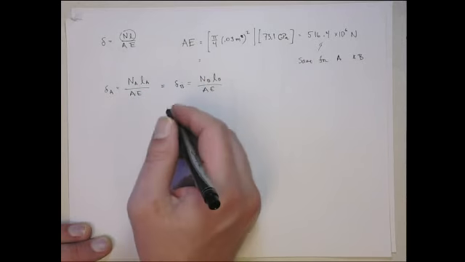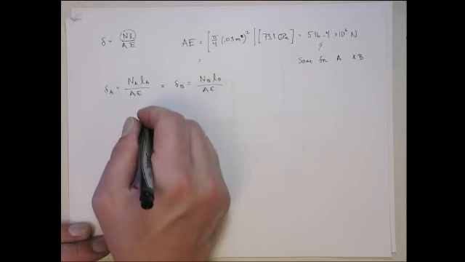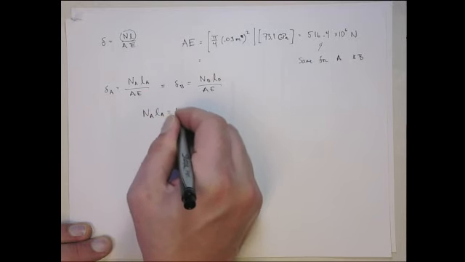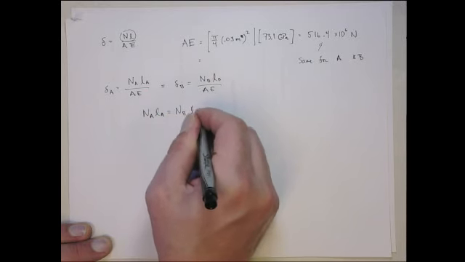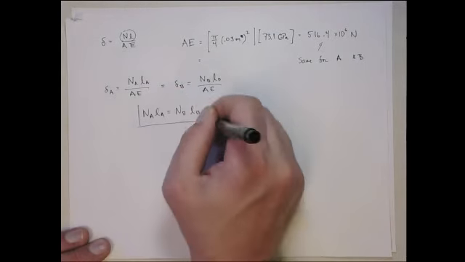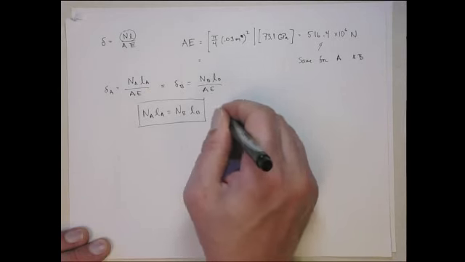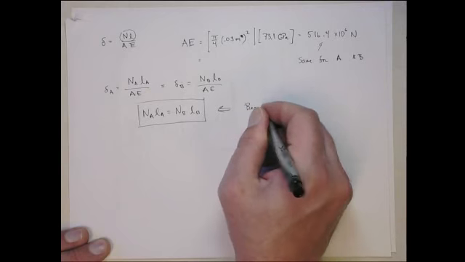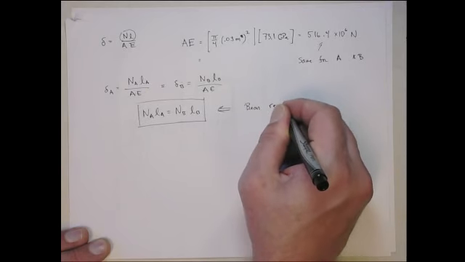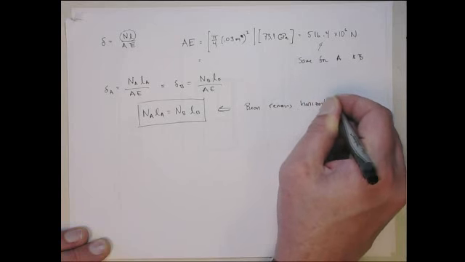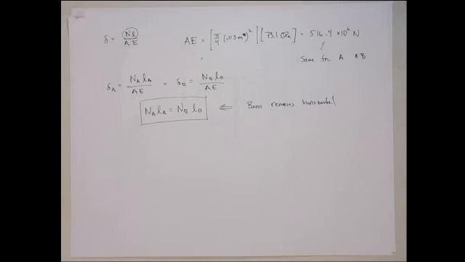The AEs cancel out, and that gives me that the force in A times the length of A has to equal the force in B times the length of B. So that's the way they scale. This is the equation that ensures the two beams remain horizontal.